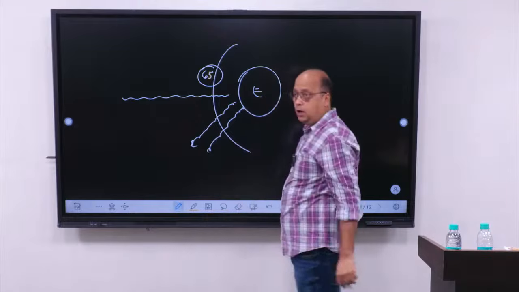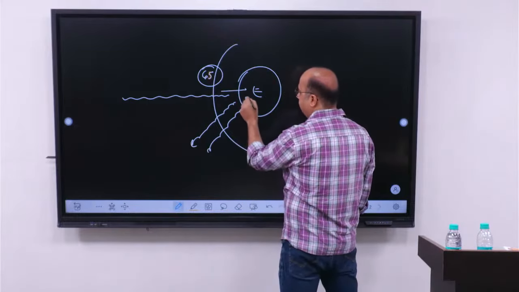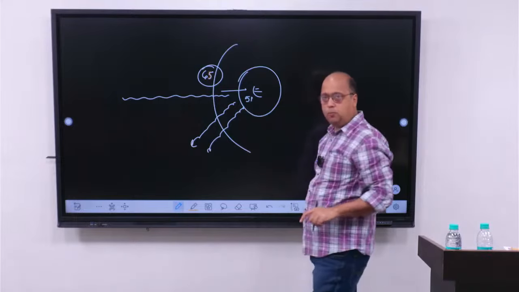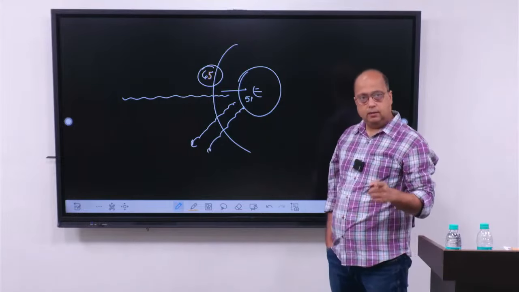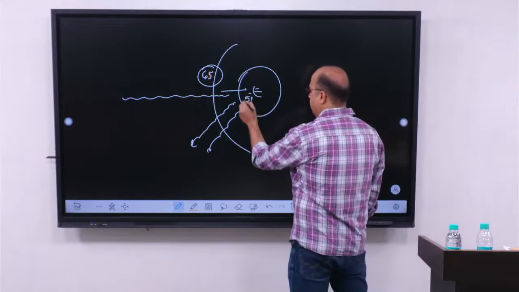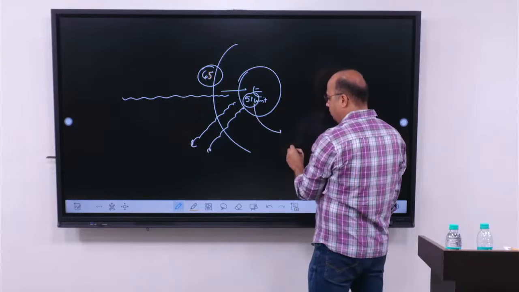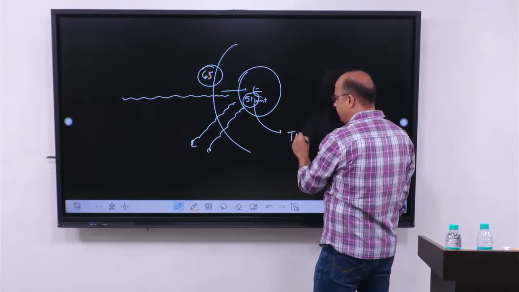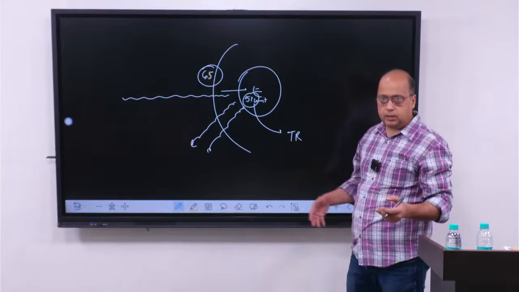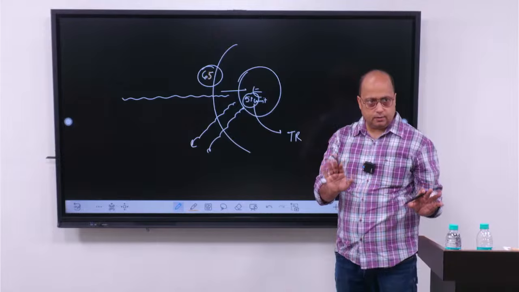Out of this 65, only 51 is going to be absorbed by Earth. And these 51 units are going to turn into terrestrial radiation. Once it is absorbed, it is going to be released as terrestrial radiation, right?